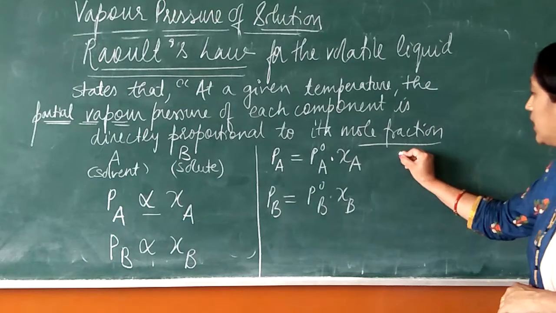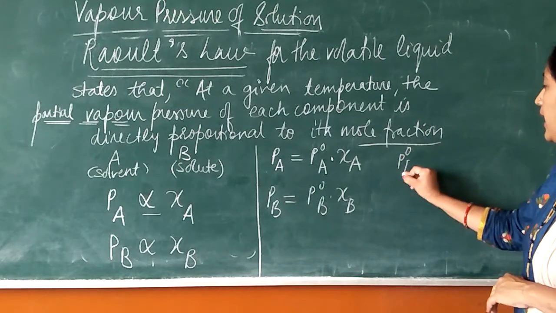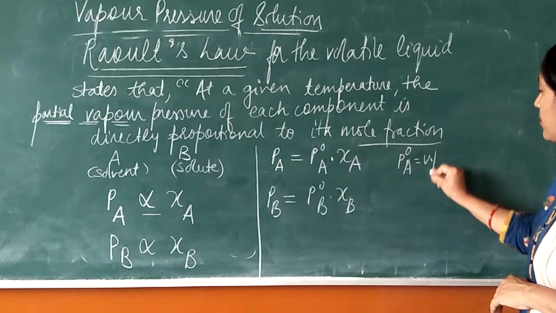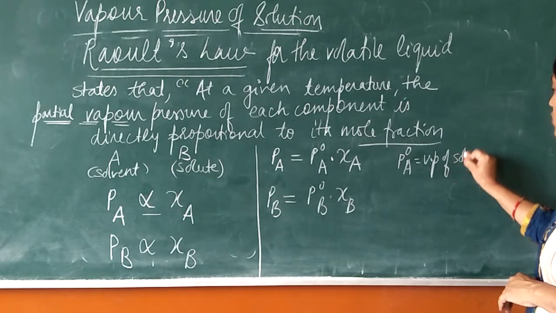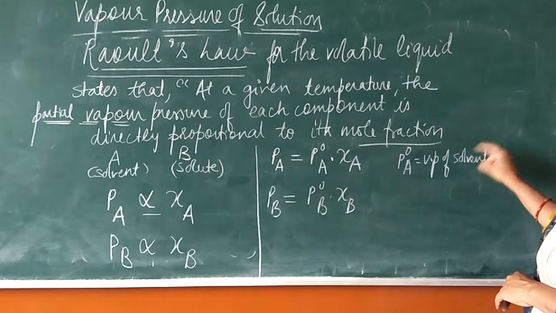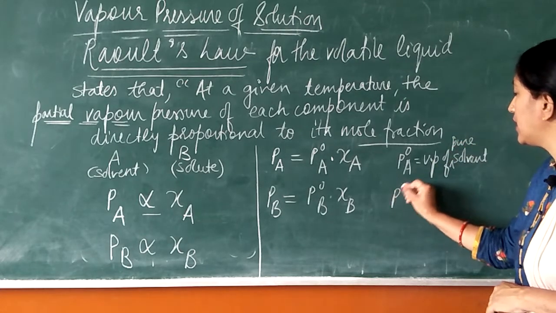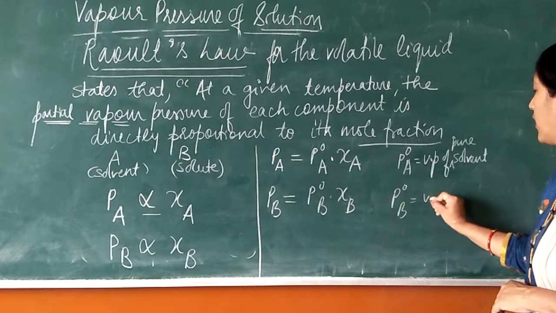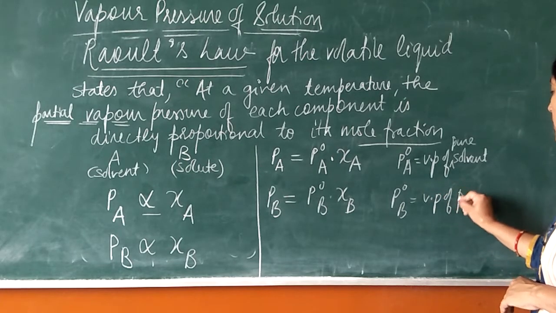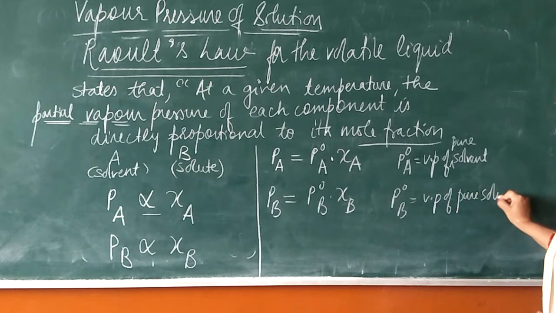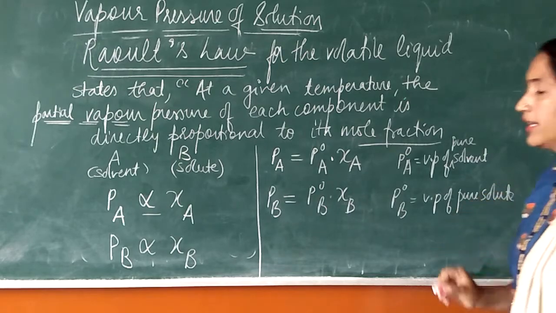So here P naught A is the vapor pressure of the solvent, or we can say of the pure solvent. Similarly, P naught B is the vapor pressure of the pure solute. Right?